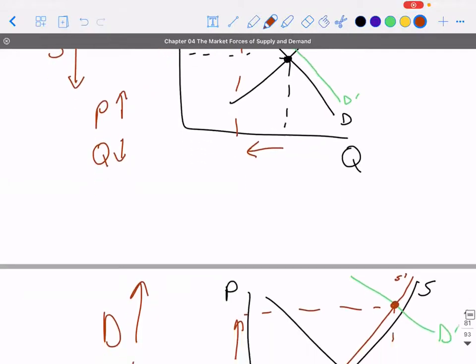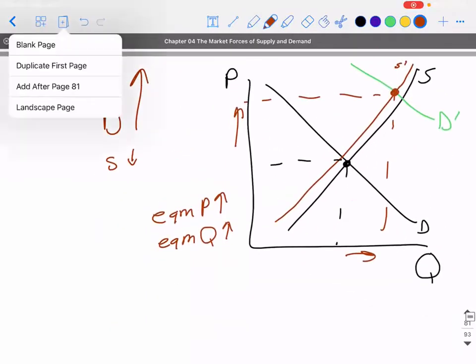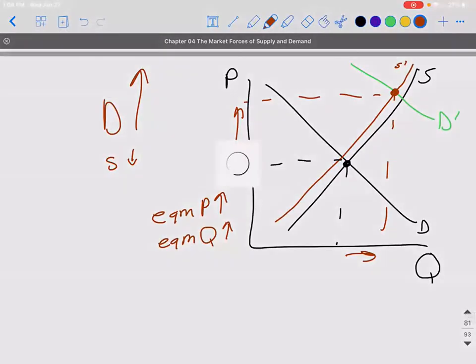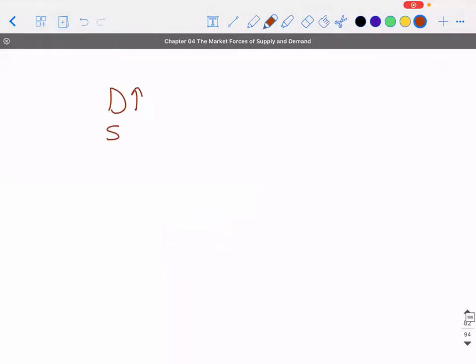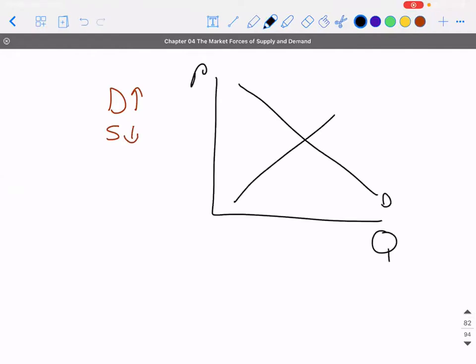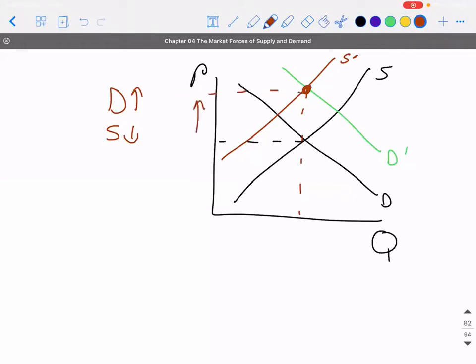Look at that. What if I change them by an equal amount? Now quantity did not change at all and price increased.